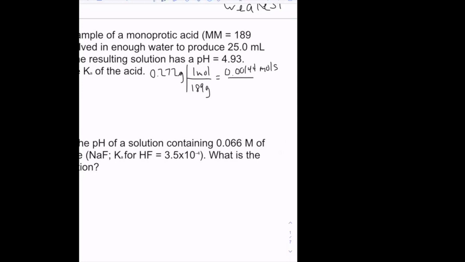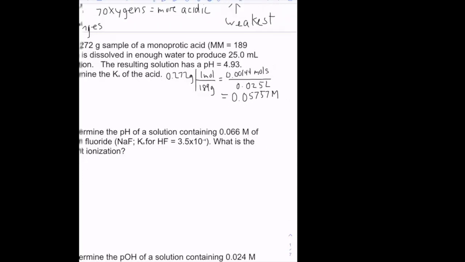So I'm just going to do this divided by 25 milliliters, which is the same thing as 0.025 liters, which ends up giving a molarity of our acid of 0.05757 molar. So looking at this then, we now have the initial concentration of our acid. We are also given the pH, and that's all the information we have to start with.